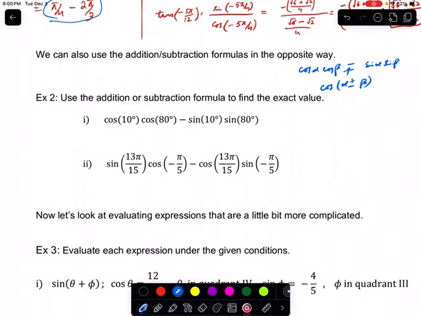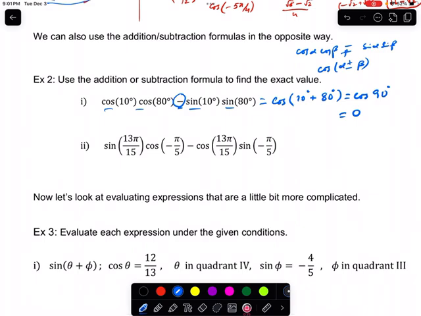And if I have cosine alpha cosine beta plus sine alpha sine beta, then it is cosine of alpha minus beta. So here we have cosine cosine, a negative sign, then sine terms. This will be cosine of 10 plus 80, which is cosine of 90 degrees, which is 0. So instead of finding cosine 10, cosine 80, sine 10, sine 80, which we cannot do without a calculator, you can do it like that.